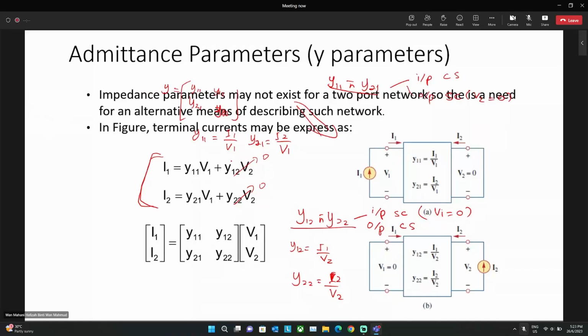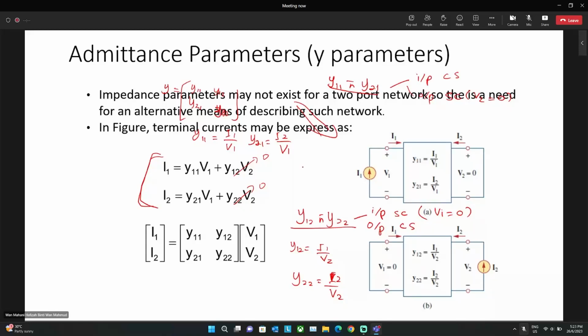Alright. So that is the reason kenapa kita buat Y parameter ni, sebab impedance parameter may not exist for two-port networks. That's why kita perlukan alternative parameters.